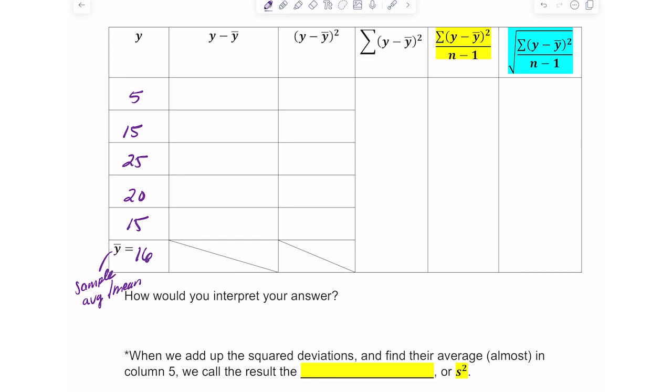My next step in finding the standard deviation, since I'm interested in how far each value is from the average, now that I have the average, I'm going to take each value and subtract the average. And I end up with the following.